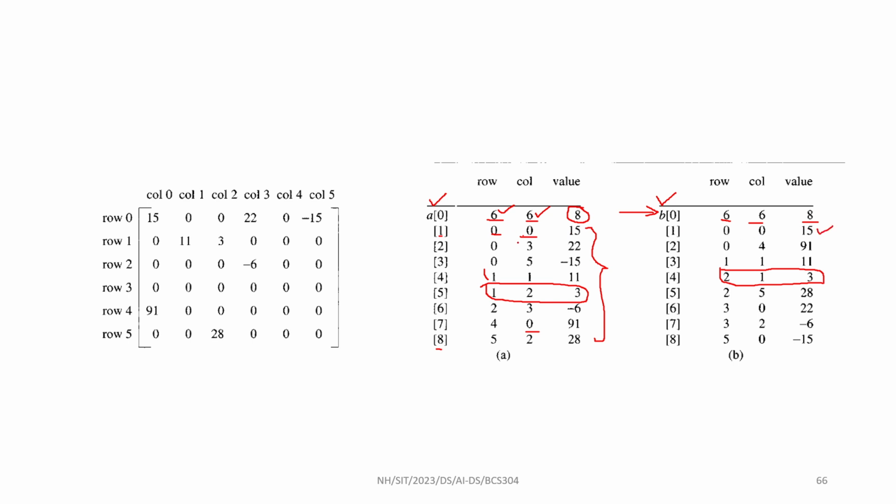Go to the next. Still we are in column number 0. Go to the next entry. Is any data there? No, no. Here, in the 0th column, there is data in the row 4, where the data is 91. So I have to repeat this 8 times for the first row.